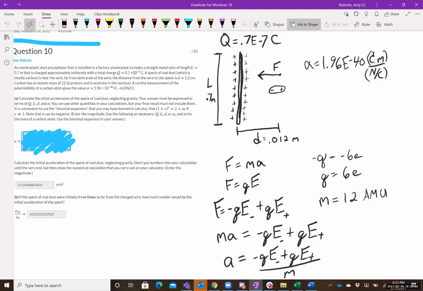The other way to do this is that you can say, look, the carbon is made up of 6 protons and 6 neutrons and 6 electrons. 6 electrons basically weigh 0 in comparison to protons and neutrons. And so therefore, you can say that carbon is approximately 12 times the mass of the proton. And that's how the book does it in their solution. So that's a bit of a cheat, and it's not fully accurate. So the atomic physicists and the nuclear physicists will come hounding you down, but practically speaking, it's essentially the same number.